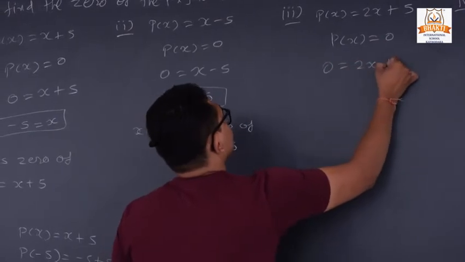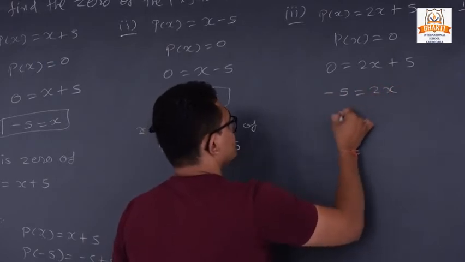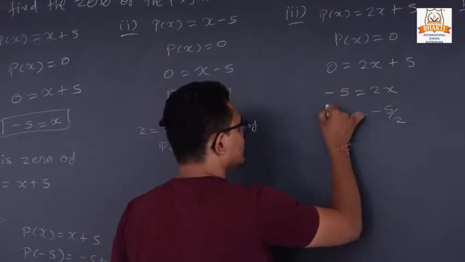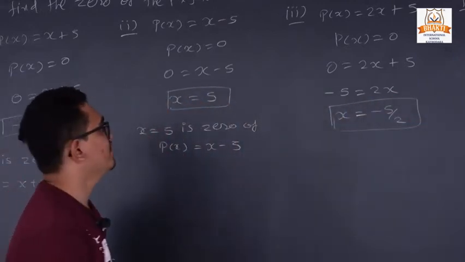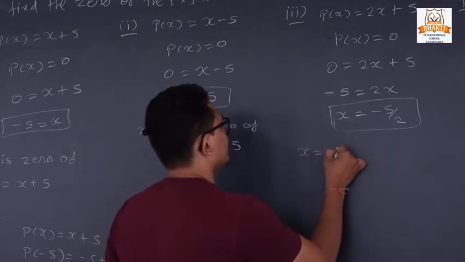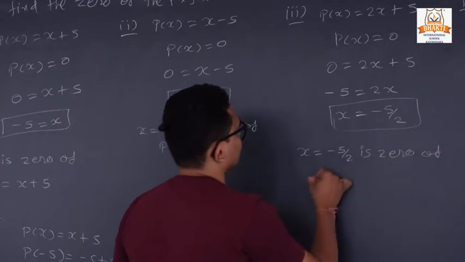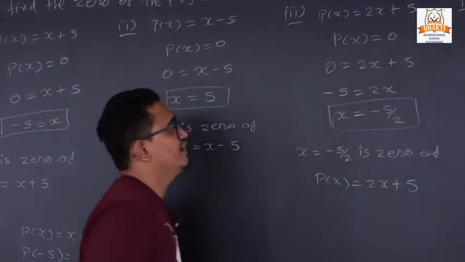So 2x plus 5. That 5 is going to the second side, so it becomes minus 5. So what is the answer? That 2 going to the second side is in the denominator. So the answer is x is equal to minus 5 by 2. So we can write minus 5 by 2 is a zero of p of x is equal to 2x plus 5.